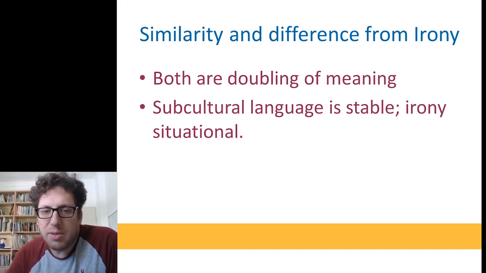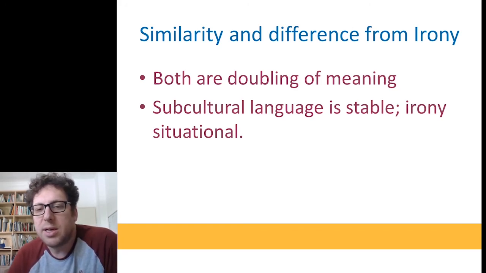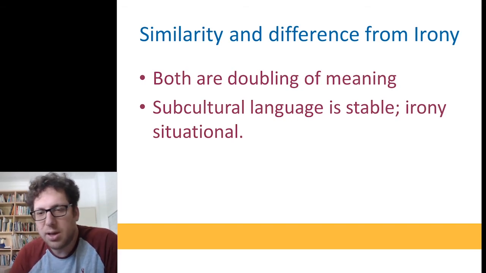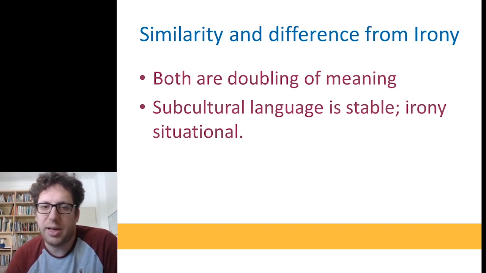This language that I'm talking about is more stable. At one point in history, for a specific group, saying queen means gay, okay? Or saying throwing shade doesn't mean that you're going to put a sunshade above somebody. It means to insult. It's more stable than irony.